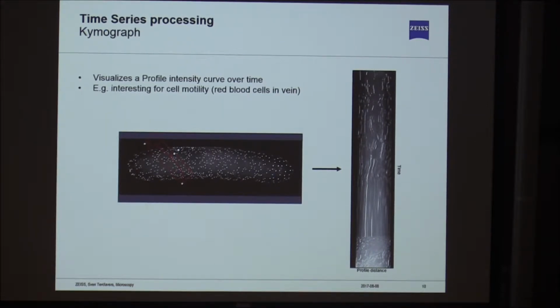This can also help you to calculate how many cells are moving through, for example, a blood vessel, over time, so you can easily count them in the time lapse. What you see here at the bottom is the profile distance showing you the intensity. On the y-axis, you see the time lapse basically. So, as mentioned, it's interesting to show cell motility.